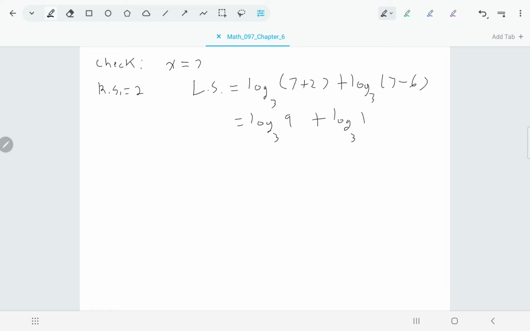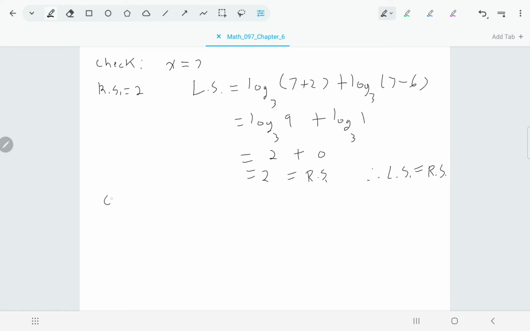And both of those we can evaluate. 3 to what power gives me 9? The answer is the power is 2. 3 to what power gives me 1? The answer is the power is 0. And 2 plus 0 adds to 2, which is my right side. So therefore, left side is equal to the right side. And definitely 7 must be a solution.